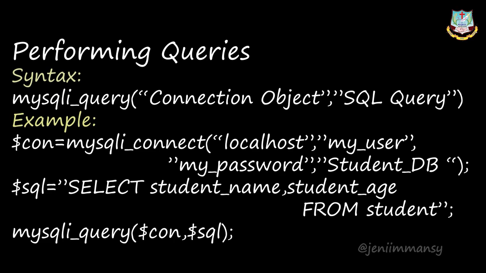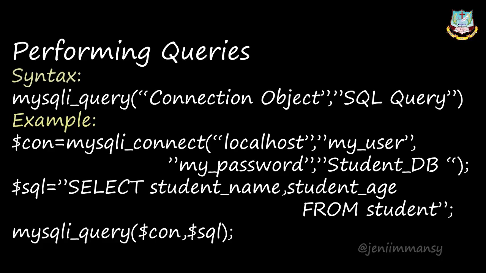We know the function here: mysqli_query. In the brackets, you give the parameters. So mysqli_query, in the brackets we give $con, comma, $sql. This line also ends with a semicolon.